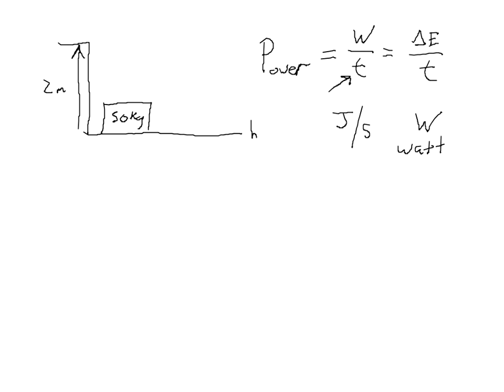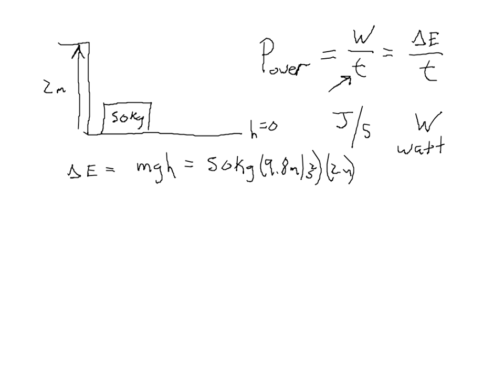If we say that the potential energy of the books is 0 down here, then the change in energy of the books is just its potential energy on the top shelf, which would be equal to mgh. That's 50 kilograms times 9.8 meters per second squared times the change in height, which is 2 meters.